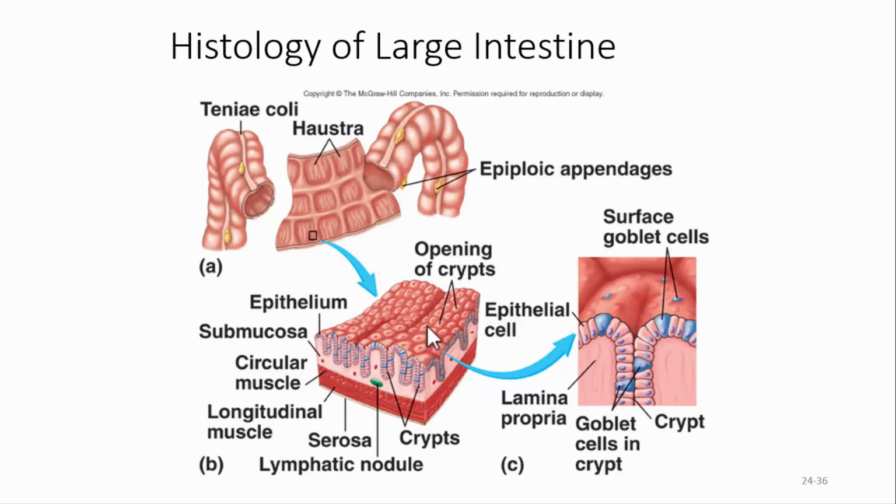While there are things that get absorbed in the large intestine, most of that digestive absorption is taking place in the small intestine. But we can see lymphatic nodules here. We see the crypts. We see the goblet cells within the crypts. And then again, our circular and longitudinal muscular layers.